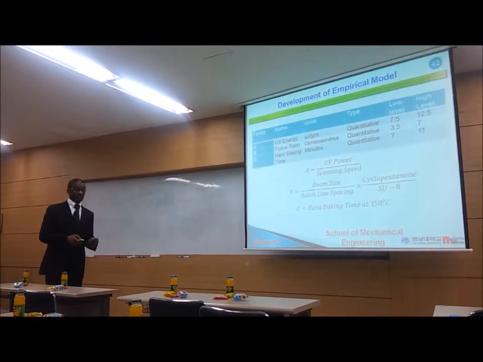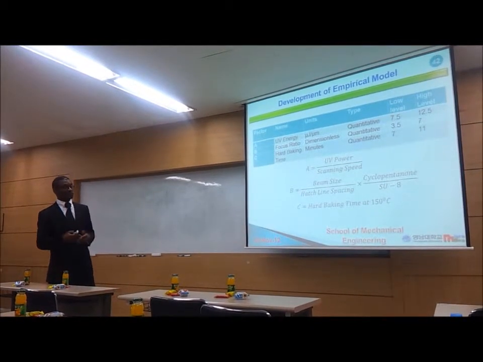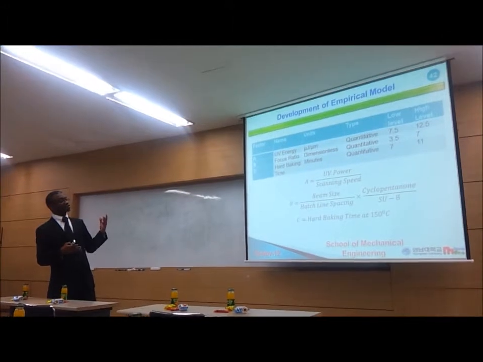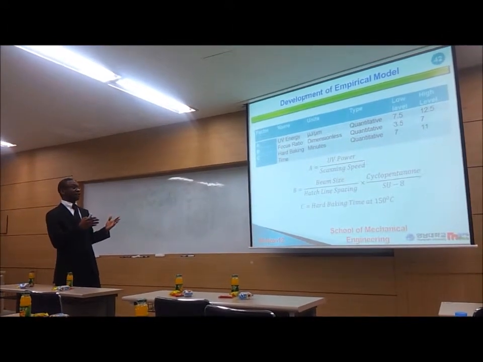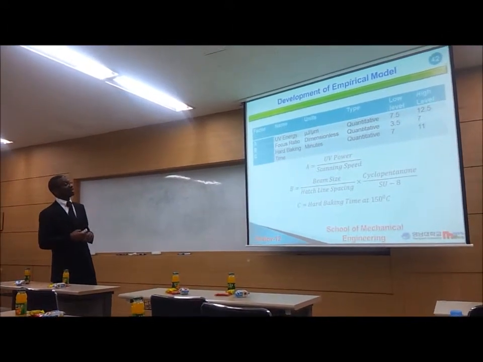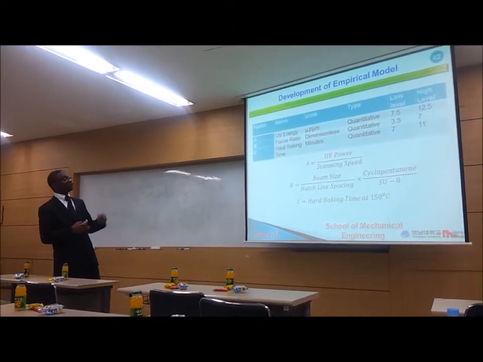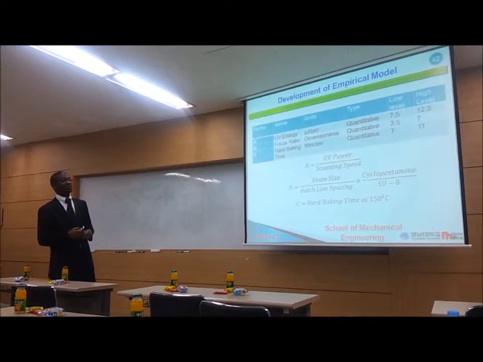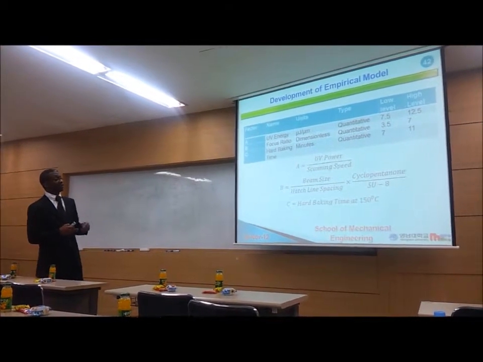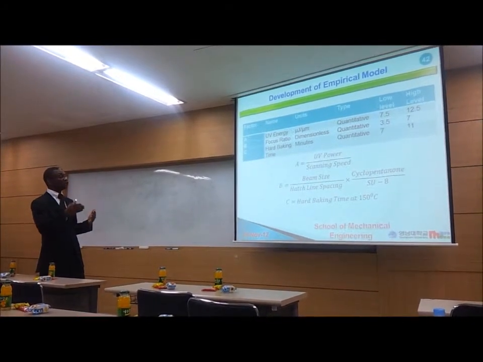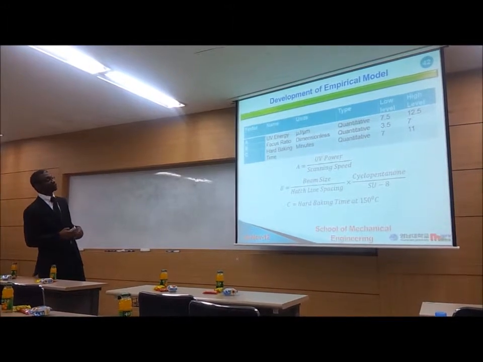Then I said that once I know the most influential parameters, I had to make sure I can give an empirical formula which somebody can use to fabricate. If he comes again to use the same experiment, he should have the parameters and can use the relationship between the input and output.